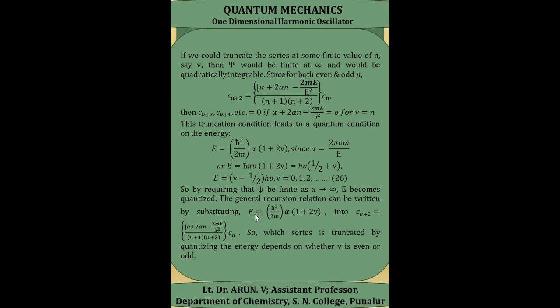The general recursion relation can therefore be written by substituting this value of energy E, that is h-cross squared by 2m into alpha into (1 plus 2v), into the C(n+2) equation. So the series is truncated by quantizing the energy. That depends on whether v is even or odd.